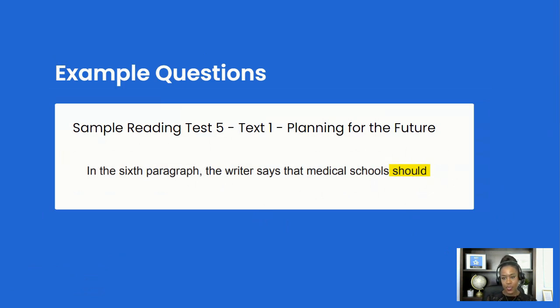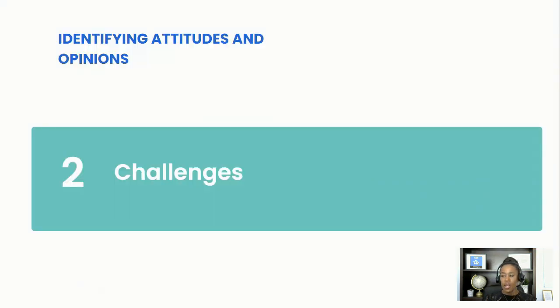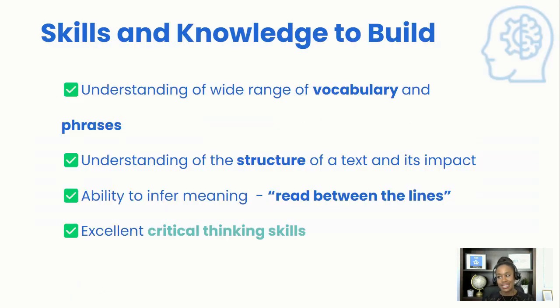So when you're reading the text, you're going to need to be able to identify when the writer is expressing an opinion. So, what are the challenges that you can face when you're trying to do this? Well, some of the difficulties that candidates face can be that maybe they're missing some vocabulary, maybe they're missing an understanding of some of the phrases used.